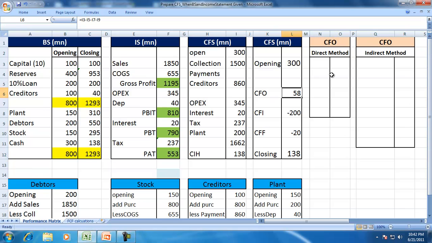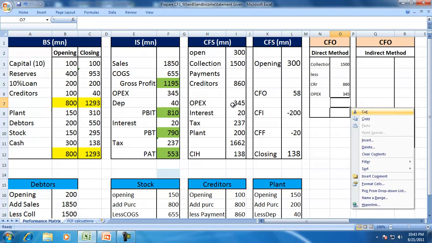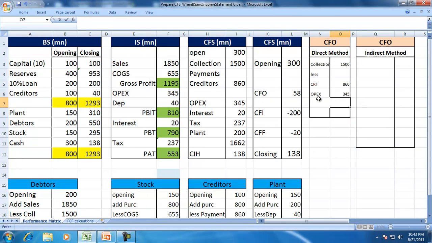So we got the direct method of cash flow. Let me show it once again. Collection, you made a collection of 1500, less the payment to the creditor 860, payment towards operating expense 345, and payment towards the tax 237.